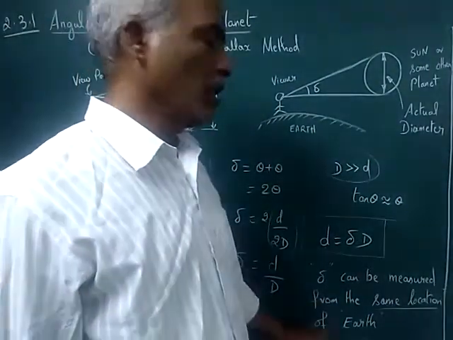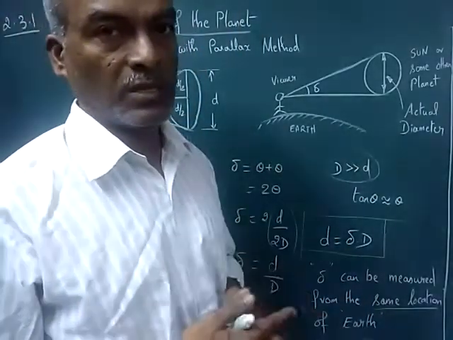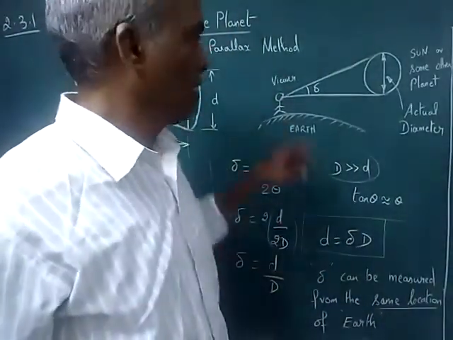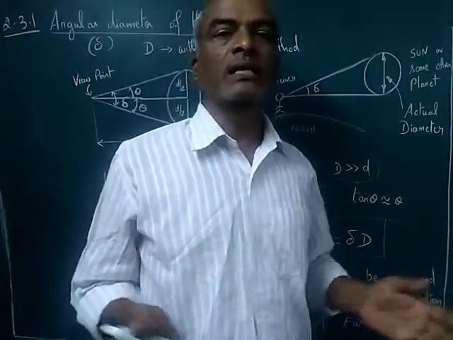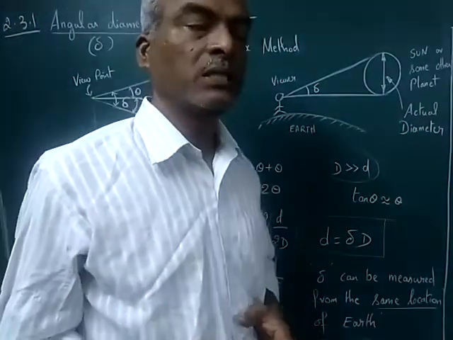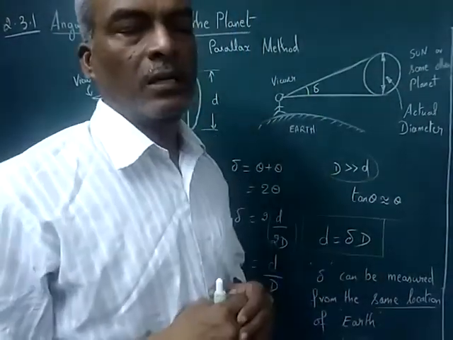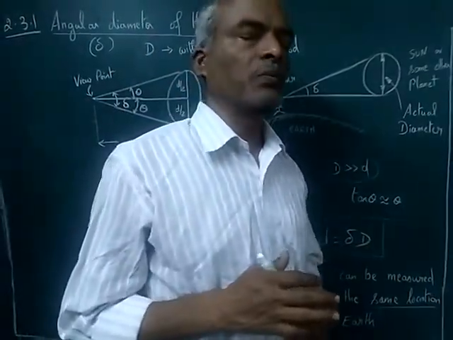Now the important observation is this del can be measured at the same point. You need not go to somewhere else on the earth's surface. From the same point you view this side and the other side, and you will get this del value. Okay, that is one advantage. Whereas for the parallax method, people usually measure from opposite ends of the earth's surface.